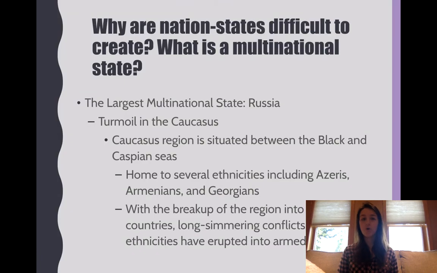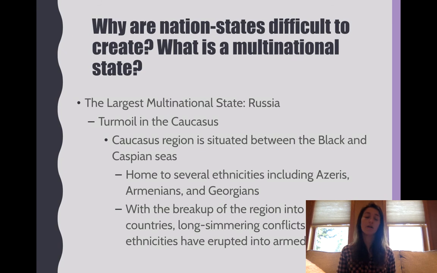So a couple more interesting things. Nation states, even though they seem perfect, are actually very difficult to create. Because to get a common ethnicity surrounded by a boundary, so a nation state, you have to expel all other nationalities or ethnicities out of that state. And that's usually where you get civil wars.